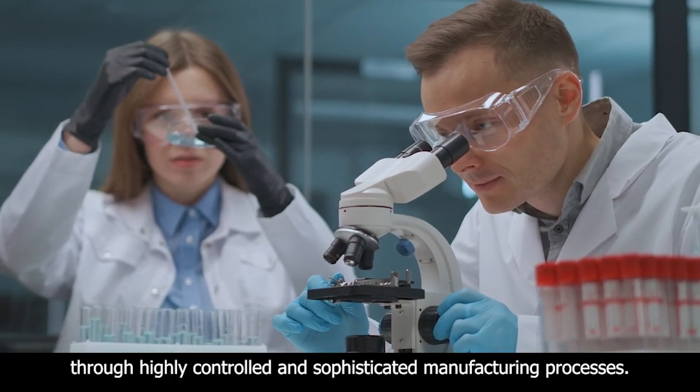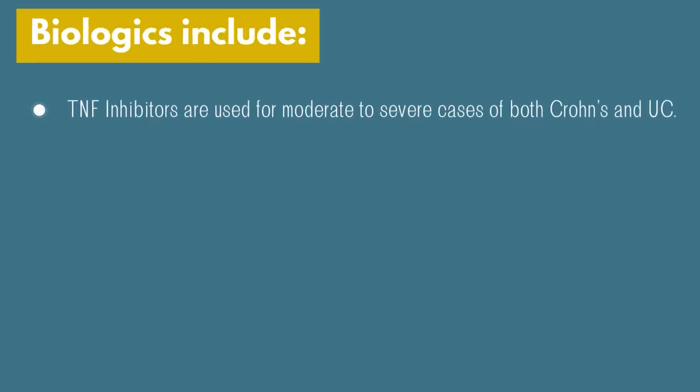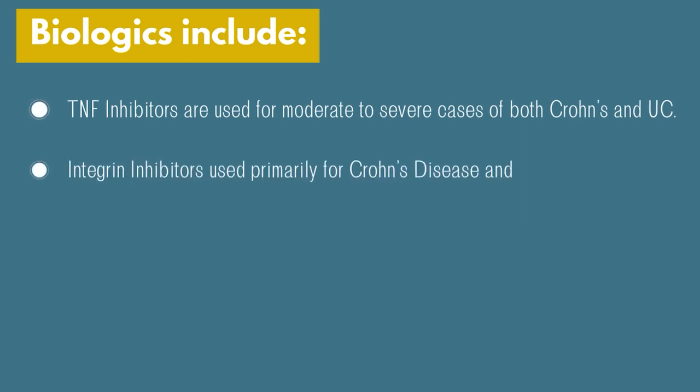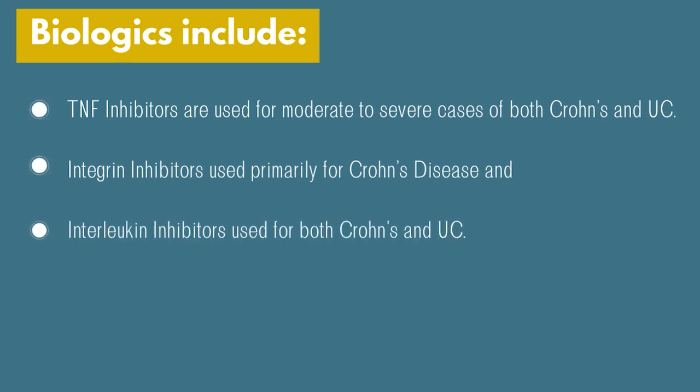sophisticated manufacturing processes. Biologics include TNF inhibitors, used for moderate to severe cases of both Crohn's and UC, integrin inhibitors, used primarily for Crohn's disease, and interleukin inhibitors, used for both Crohn's and UC.